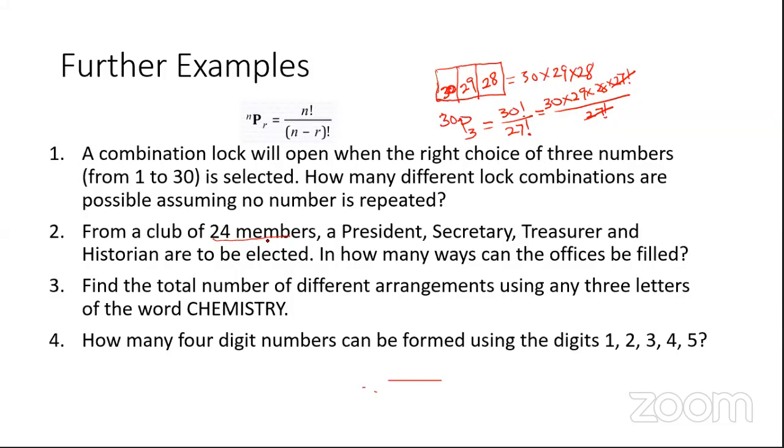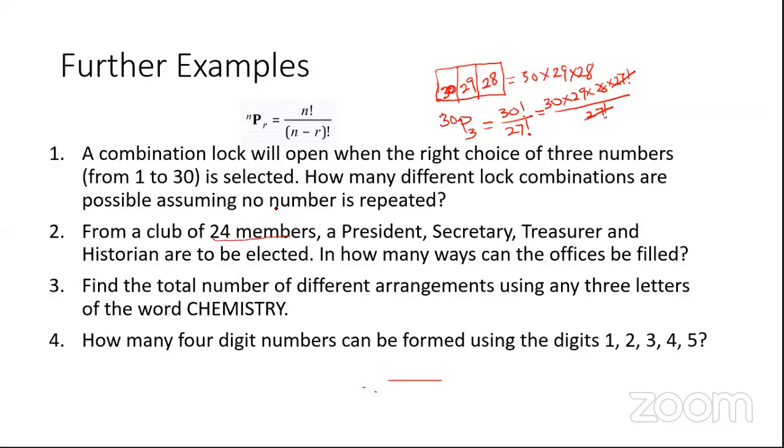We want to fill the office of the president, the secretary, the treasurer, and the historian. So how many offices do we want to fill? We are filling 4 offices out of 24 members. In how many ways can the offices be filled?